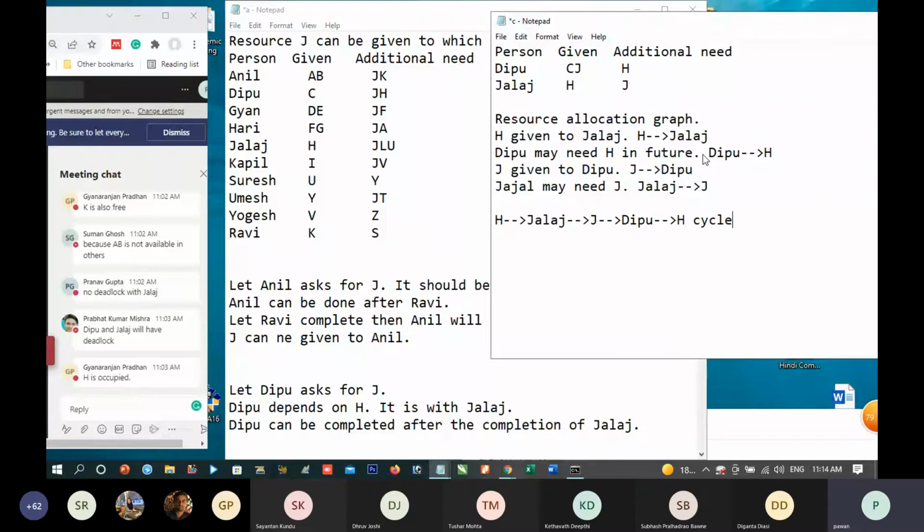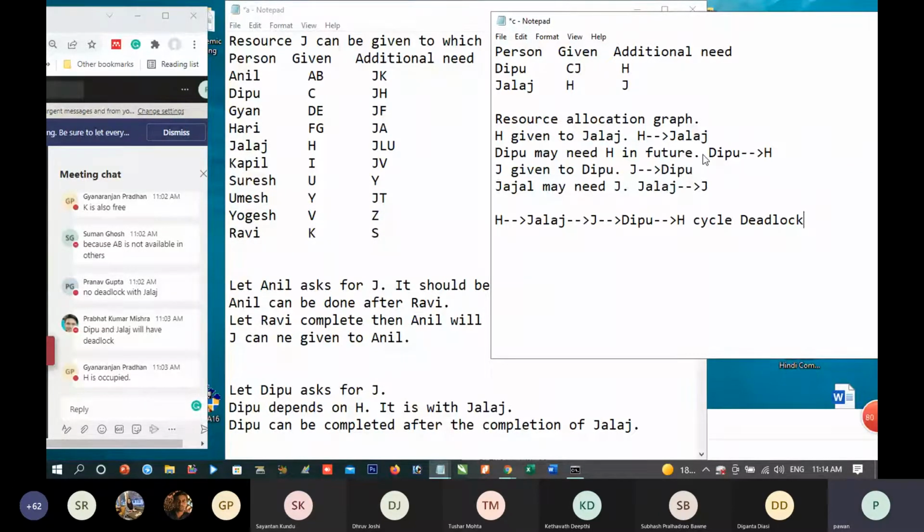It will give rise to deadlock. Is it correct? So this is the method to find whether giving a resource is safe or unsafe.